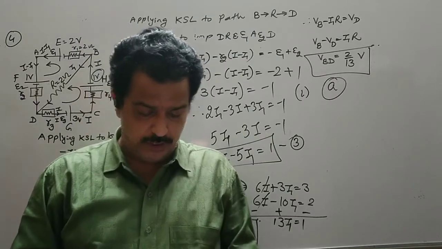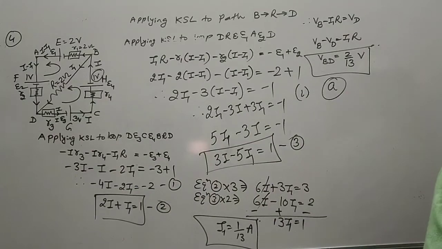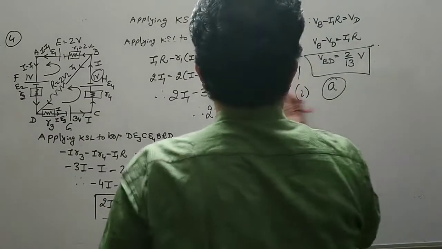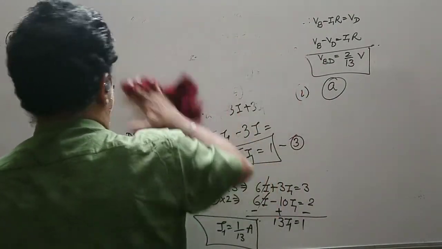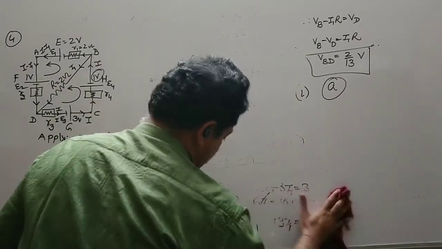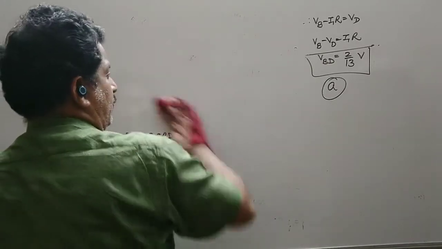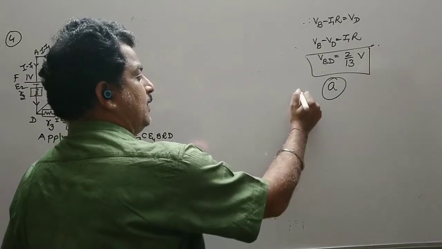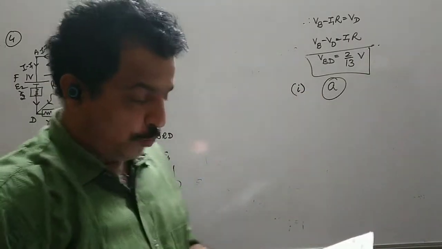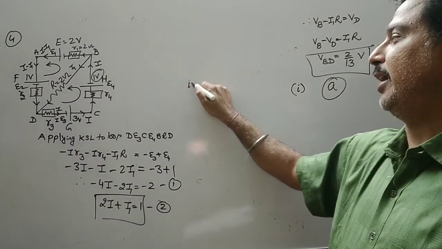The second part is to find the potential difference across the terminals of each cell G and H. But in the options, we have only one part. So there is some mistake in this MCQ. We have the option given for the first part only, but in the question we have a second part.